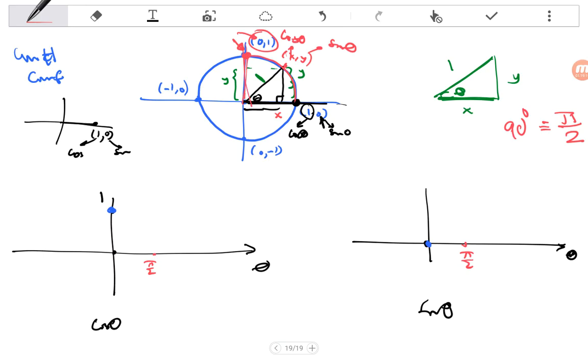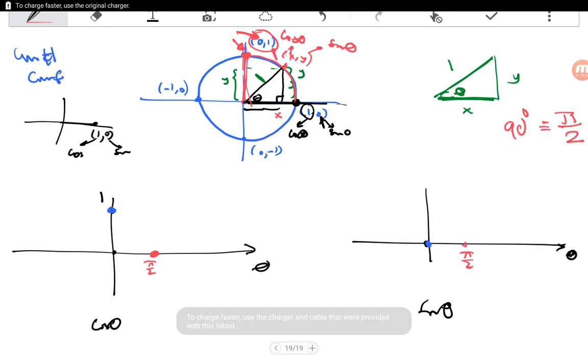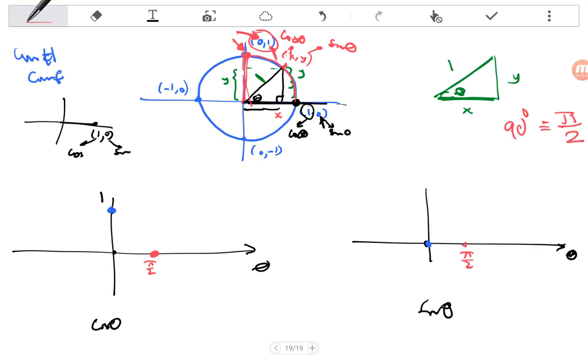So at the angle pi over 2, that 0 is the cosine of the angle, so the cosine is equal to 0. At pi over 2, the sine is equal to, from the y coordinate, 1. That is the sine of the angle pi over 2.